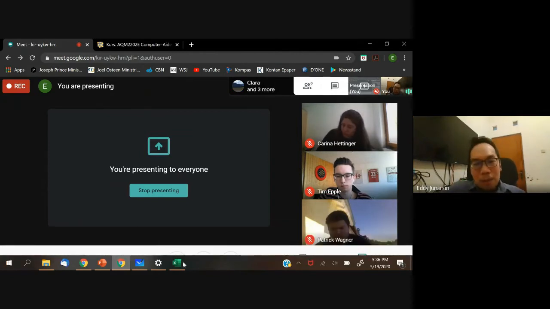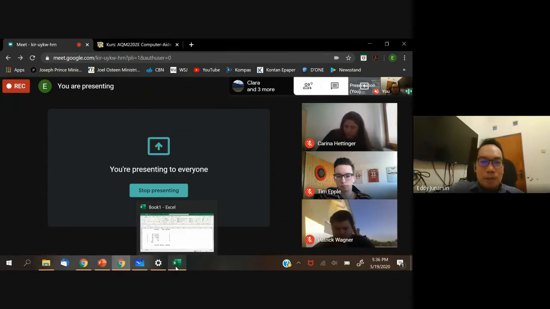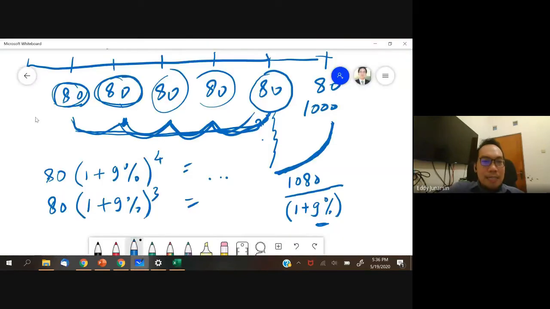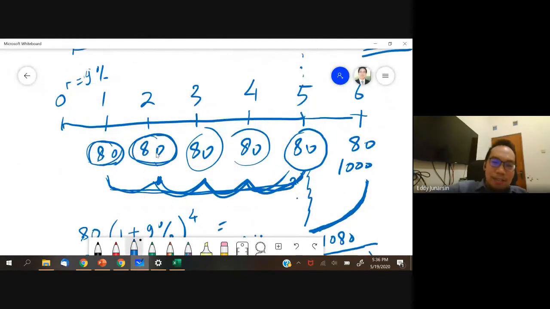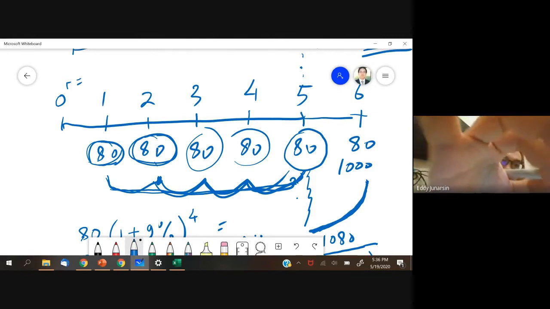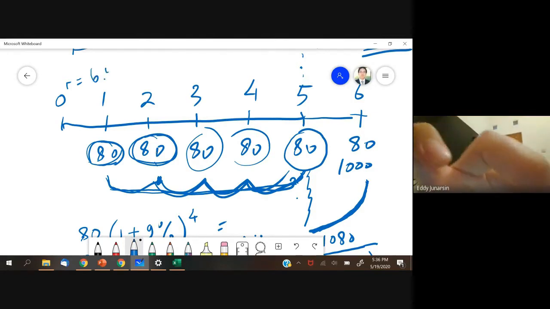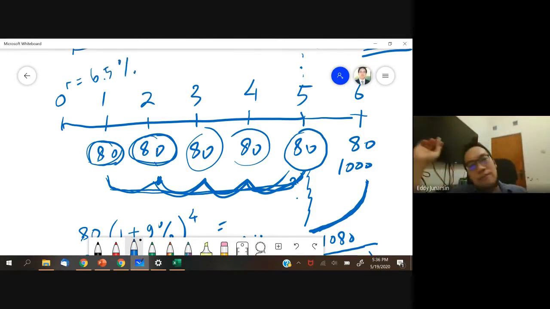So one more example: what if the market interest rate declines instead of increasing? Let's say market interest rate is not 9, but maybe 6.5%. So it's from 8 to 6.5.